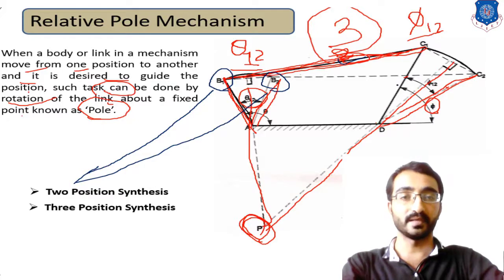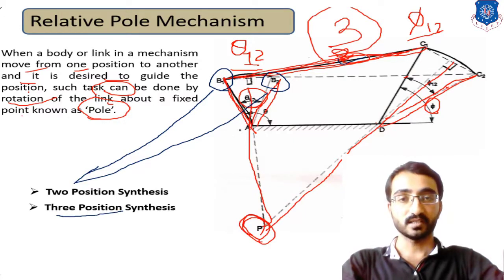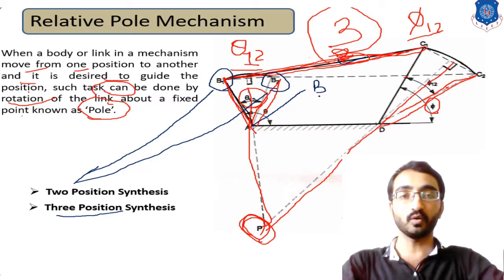Okay, and with the help of these two positions, we are designing, or we can calculate the length of the other two elements. Similarly, in some of the numericals we practice, we will consider 3 positions. So in that case the data is somewhat like this: we have 3 different positions of the crank, B1, B2 and B3.